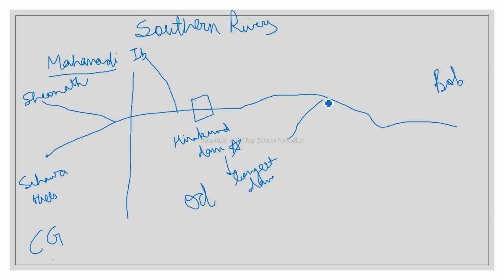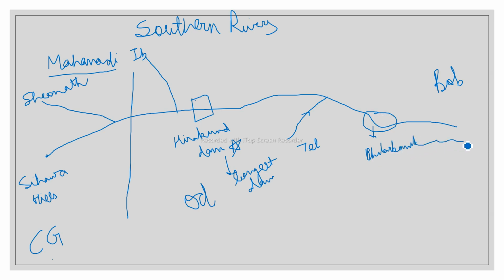Then there is another river that is going to join Mahanadi. The river is called the Tel River, originating in Odisha. Then this is going to flow through the area of Bhitarkanika National Park. Bhitarkanika, you know, it is in Odisha.